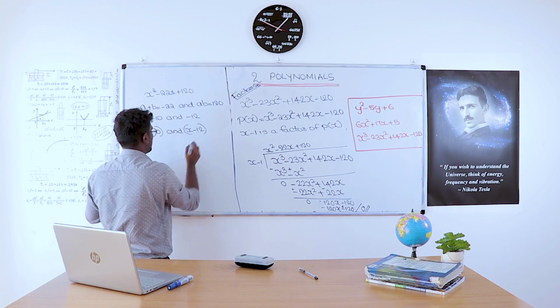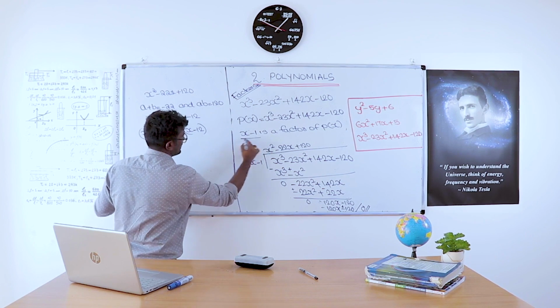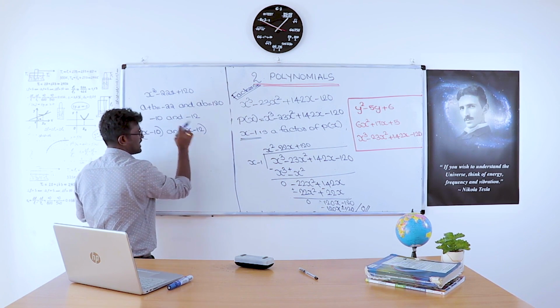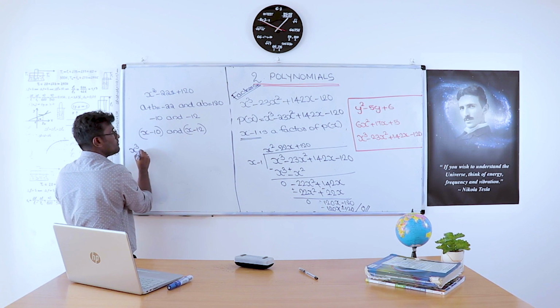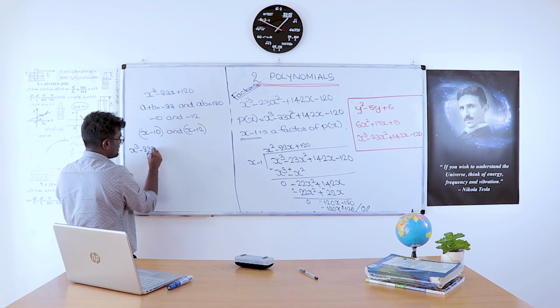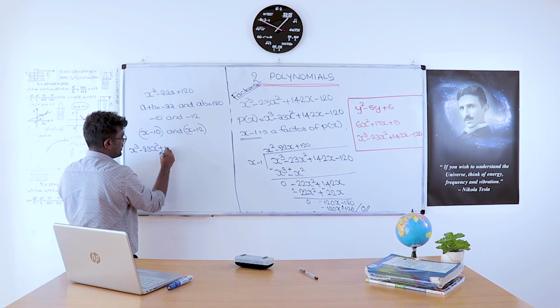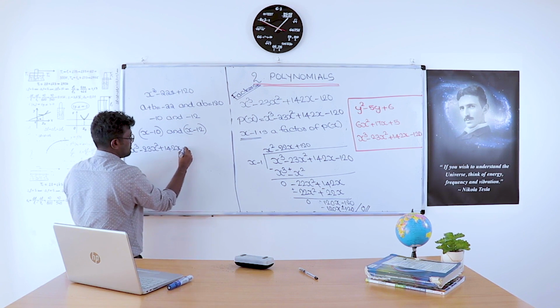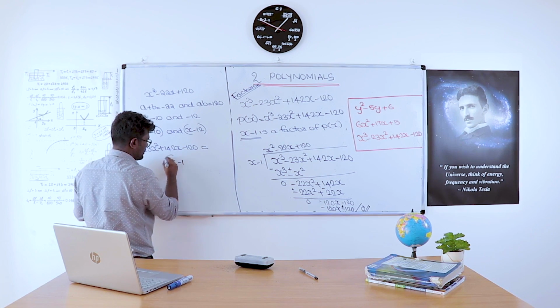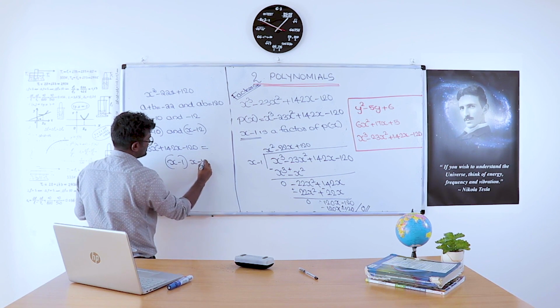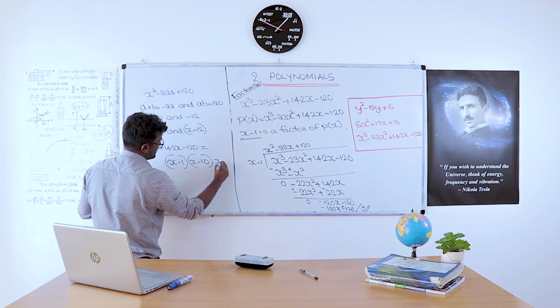So there will be three factors, that is x minus 1, x minus 10 and x minus 12. So how will you write? x cube minus 23x square plus 142x minus 120 can be written as x minus 1 into x minus 10 into x minus 12.